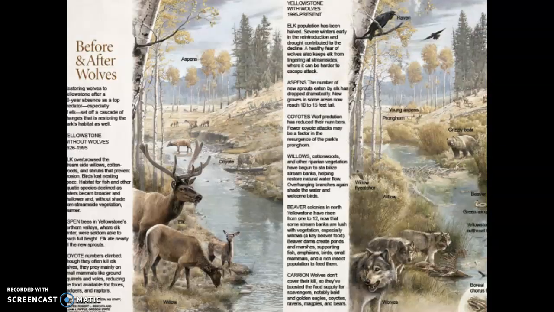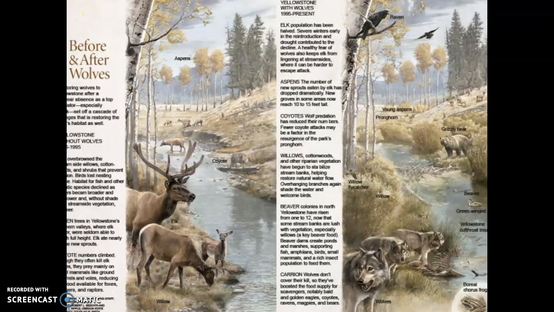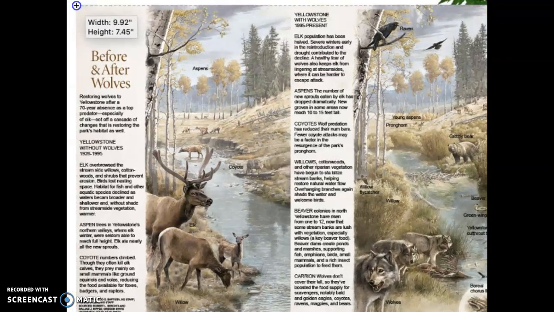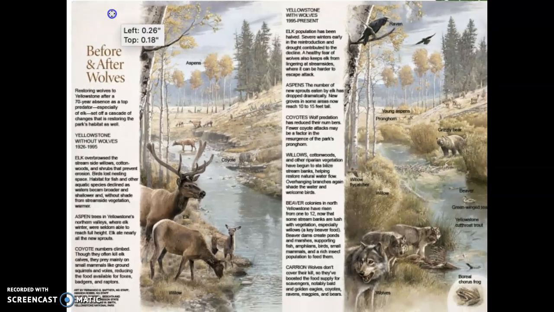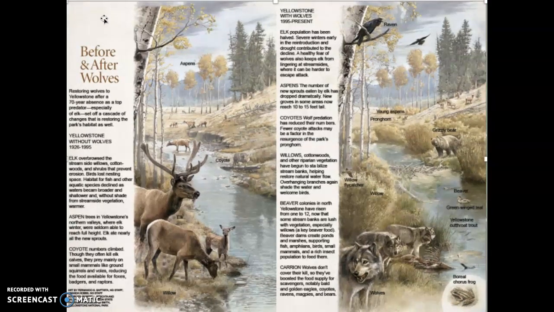Yellowstone Park. This is a beautiful example, but a horrible experience of how science did not understand the importance of keystone species. So when wolves existed in the park, they played an incredibly important role.